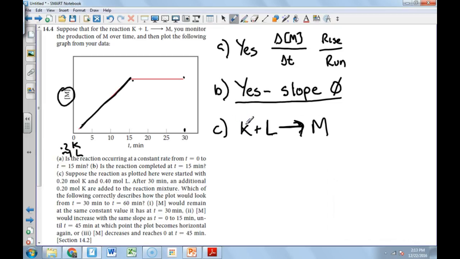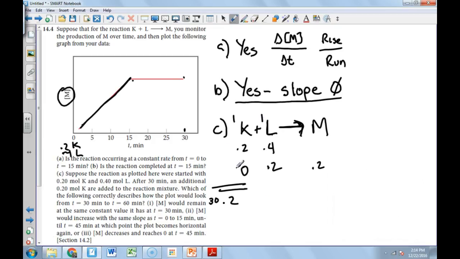If we started with 0.2 and 0.4, and I have to assume the stoichiometry is 1 to 1, that means at the end of the reaction, we're going to have 0 of K and 0.2 of L. So if at 30 minutes we add another 0.2 moles of K, well, we still have 0.2 of L, and it's still a 1-to-1 ratio.